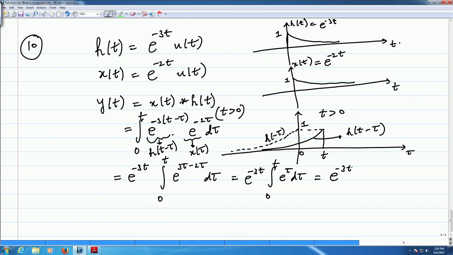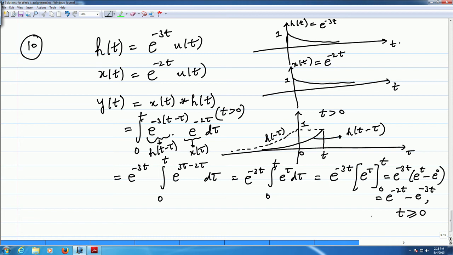So, e power minus 3t times e power tau from 0 to t, and that will simply evaluate as e power minus 3t times e power t minus e power 0, and e power 0 is just 1. So, that will simply evaluate to e power minus 2t minus e power minus 3t, and remember this is for t greater than or equal to 0.